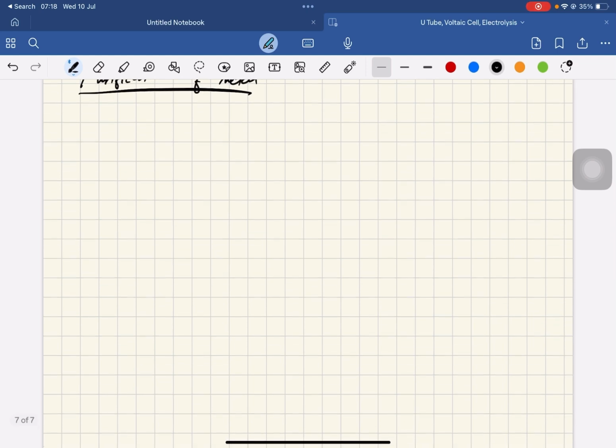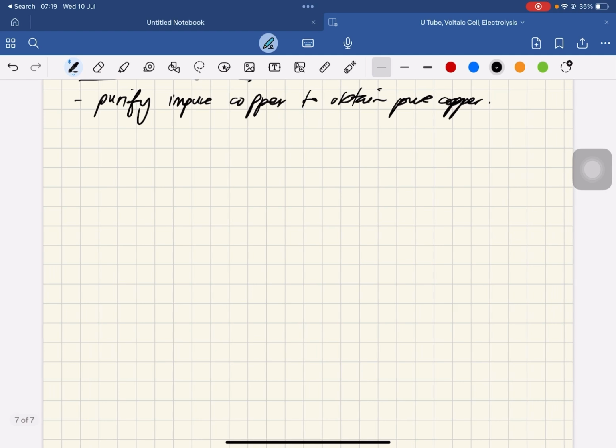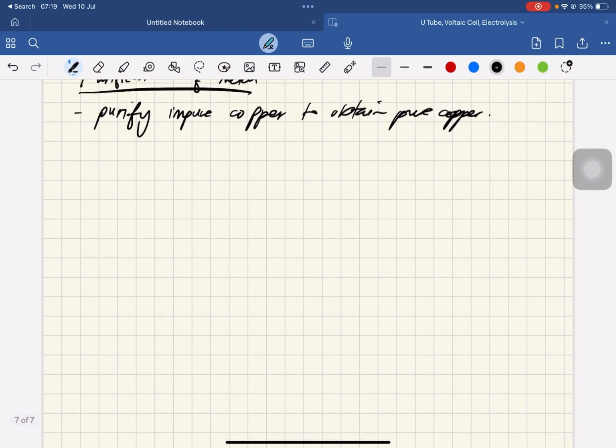Okay, so the purpose is to, nama pun purification of metal, so to purify impure copper to obtain pure copper. Okay, now apa yang kita faham tadi from our ring tadi tu?